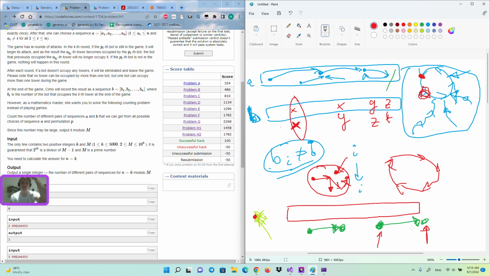For each vertex, we know some edges, not every edge, but some edges.